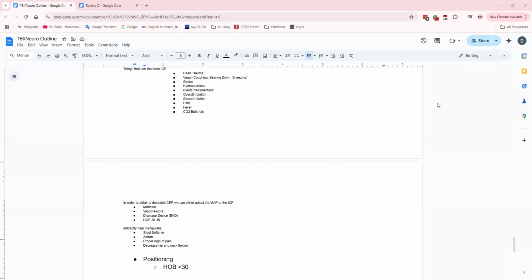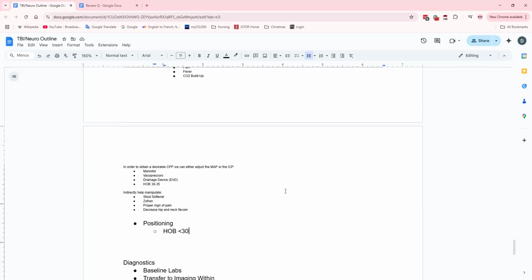And please, ma'am, can you put your legs in dorsal recumbent position? And they're like, what in the world is that? I think we got off track. Sorry.